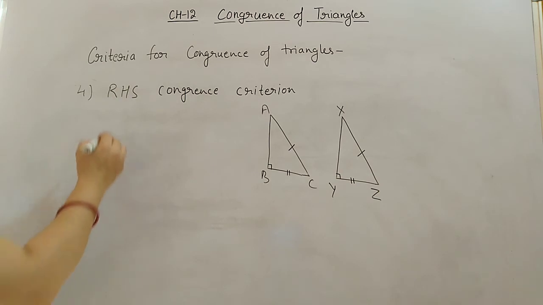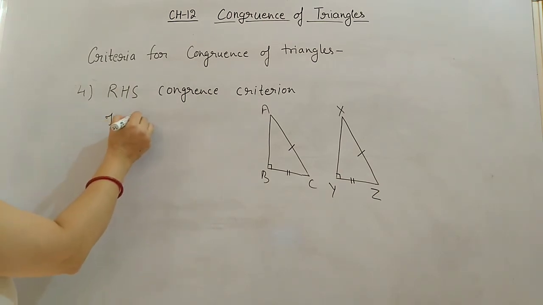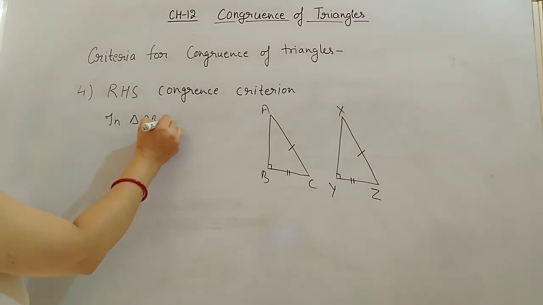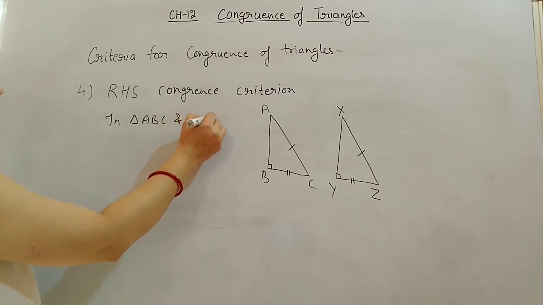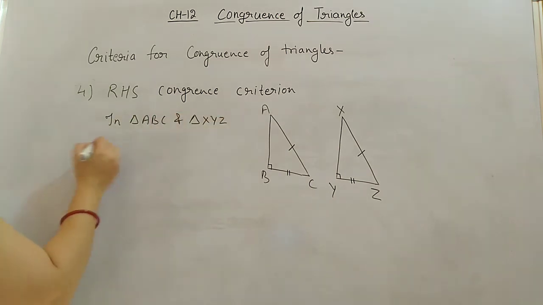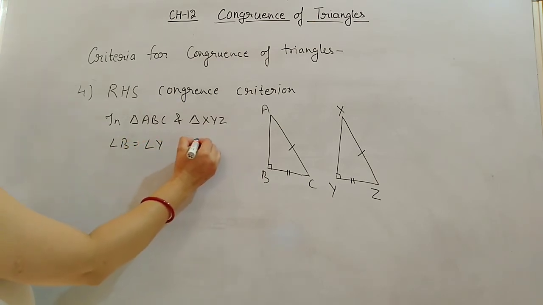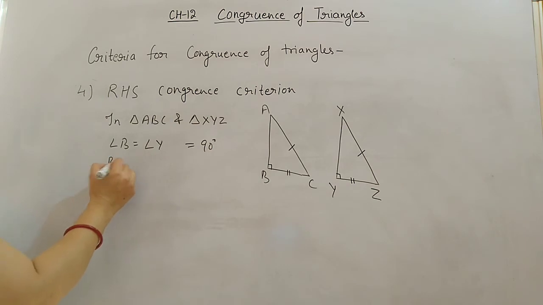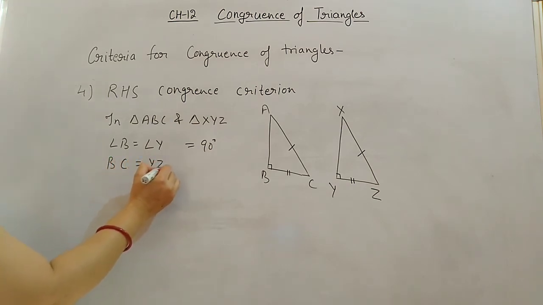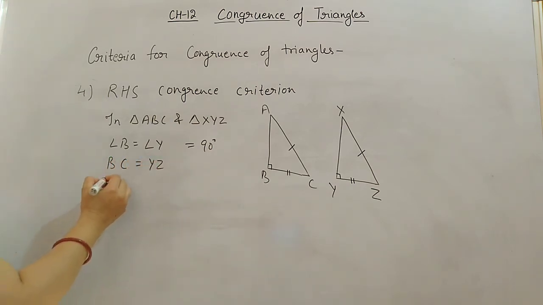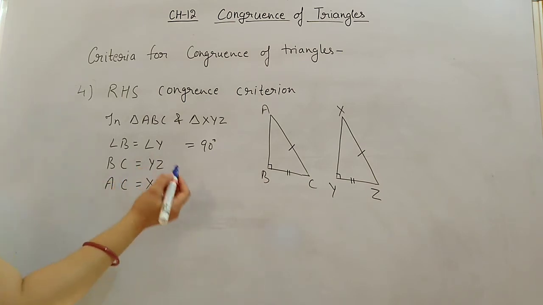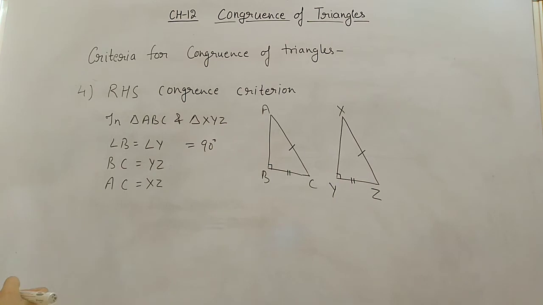So how to prove it? In these two triangles ABC and XYZ, we can write angle B is equal to angle Y. Both the angles are 90 degrees, and BC is equal to YZ. The same type of symbol is there, and AC is equal to XZ. Both have the same type of symbol.